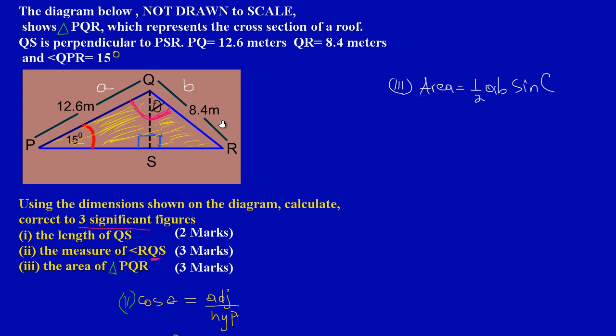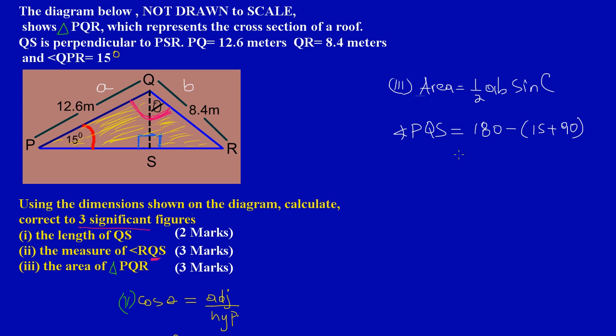Now I can simply say, if I'm focusing on triangle PQS, since I have the two angles at the base here, I have the 15 degrees at P and the 90 degrees here at S, then I can subtract that from 180 to get my angle at PQS. So let's calculate that angle. Angle PQS must be equal to 180 minus (15 plus 90).